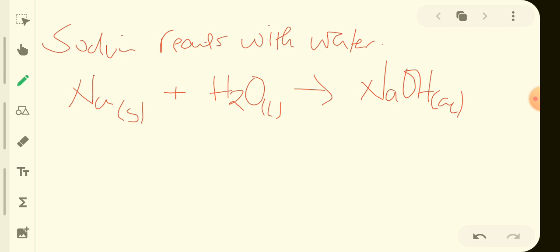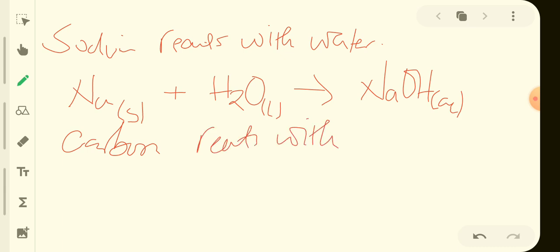What if I say carbon reacts with sufficient oxygen? What would be the chemical equation? Carbon is C plus oxygen. When it's sufficient, it's like this.